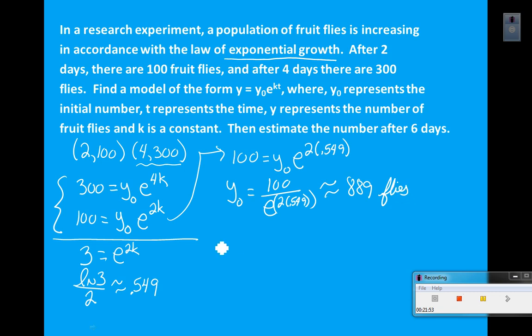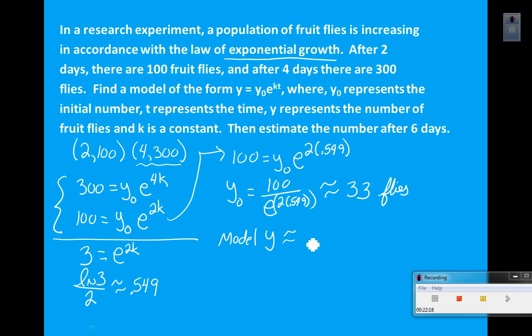So my model, y is going to be about... Oh, you know what? Let me backtrack. When I ran that part through, guys, I had 33. Must be getting late. I had 33 flies on that.